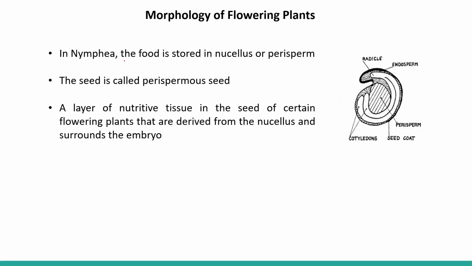Now there is an example, that is Nymphaea, where the food is stored in the nucellus or the perisperm. So what is nucellus? If you see the structure of an ovule, this is the ovule structure, this is the embryo sac.